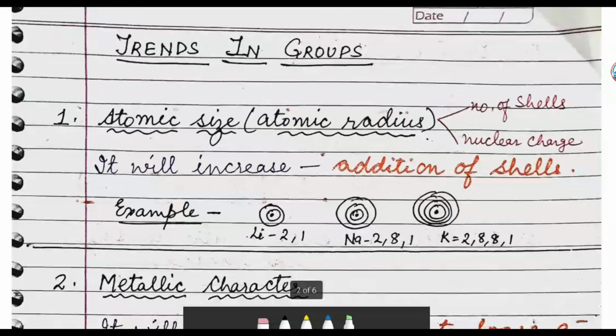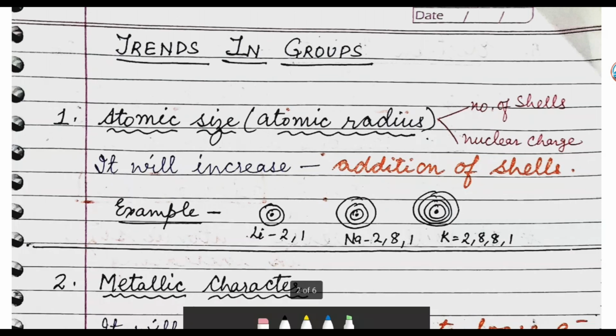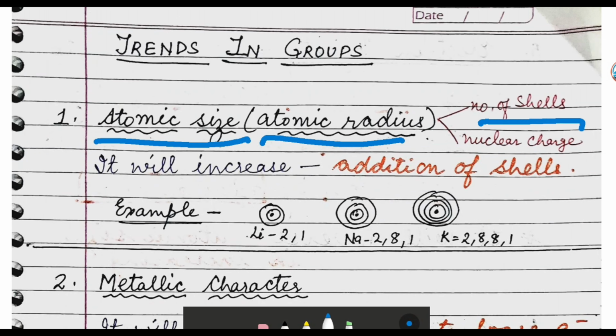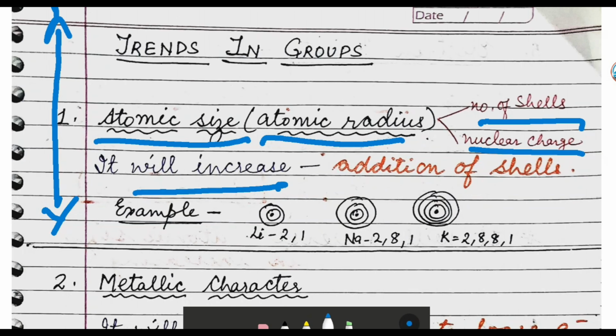So let's move to trends in the group. This is the important part. The first is the atomic size. The atomic size depends upon the number of shells and the nuclear charge. Moving down the group, from top to bottom, it will increase. Why is it increasing?